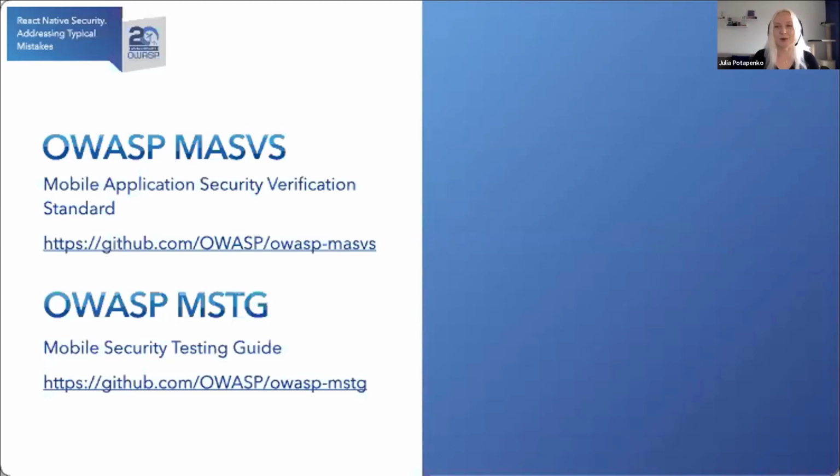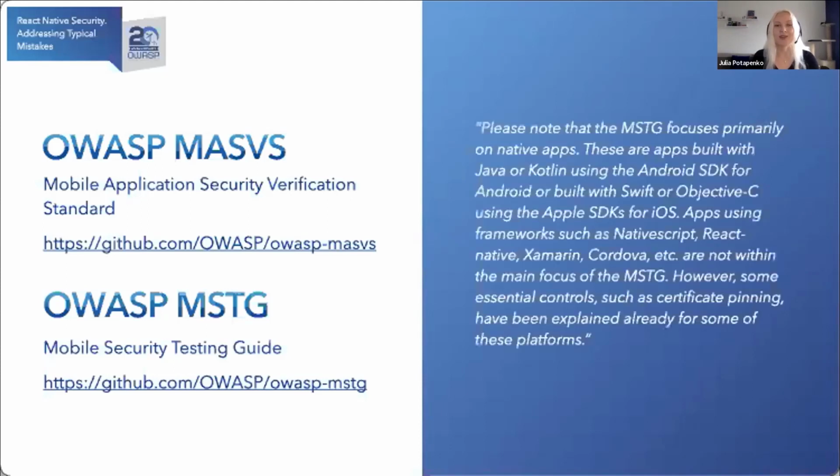And if you open the second one, you will see the note that it actually focuses primarily on native applications and does not have a lot of information for React Native, Xamarin, Cordova, Flutter, and other so-called hybrid applications.